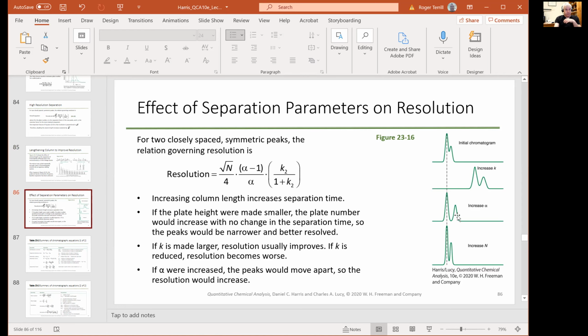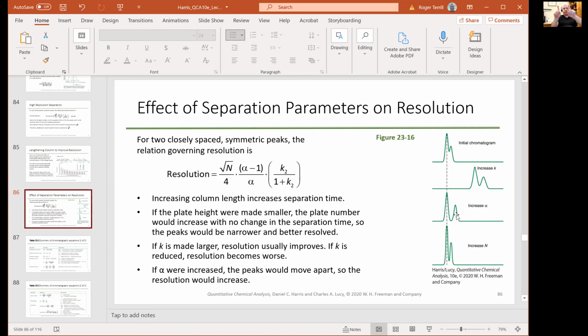How do you increase alpha? Here, the first peak is at the same position, but the second peak has moved. How might you increase alpha? Just spitball something. So with HPLC, how can you change the selectivity of the separation?